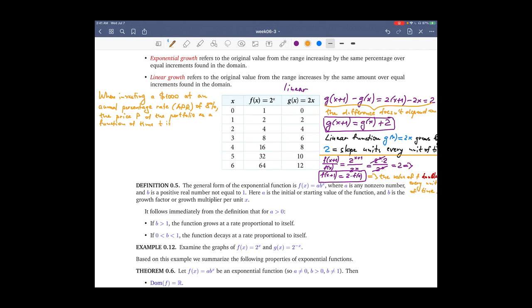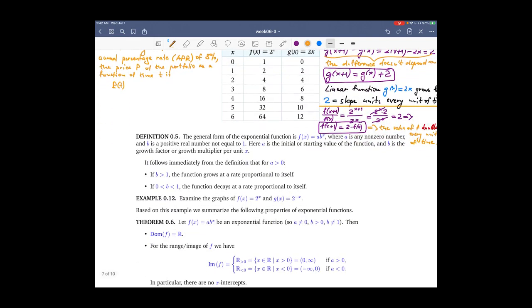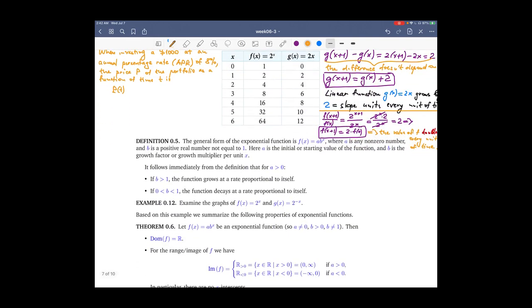We will explain in a minute, right now, that P of t is an exponential function. But let's play a little bit with this situation. You start with $1,000. How much are you going to have in your portfolio in 1 year?